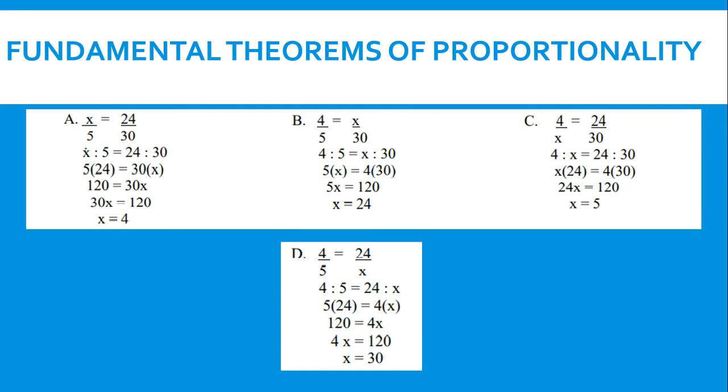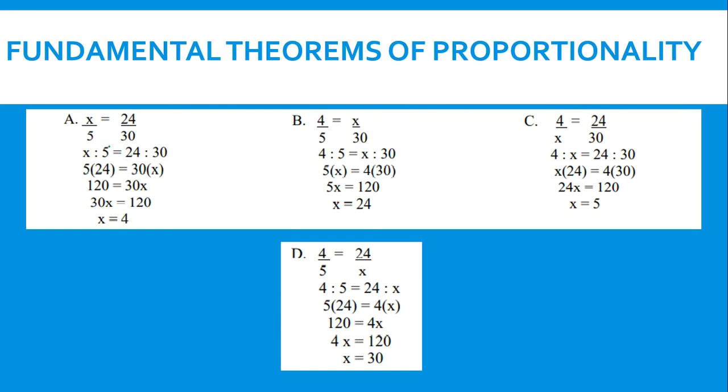You can also use the cross products. In this example, x over 5 equals 24 over 30 is changed to colon form, that is x is to 5 equals 24 is to 30.